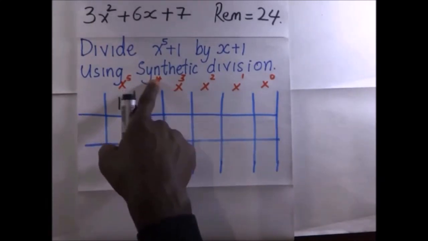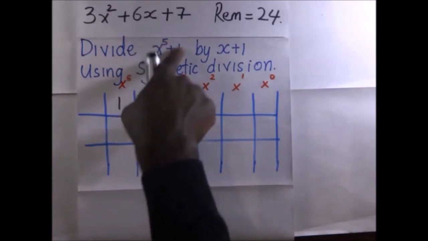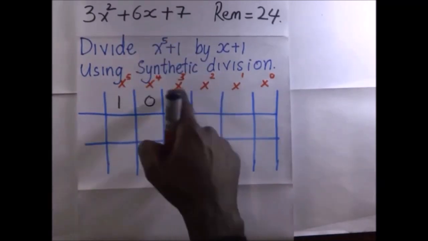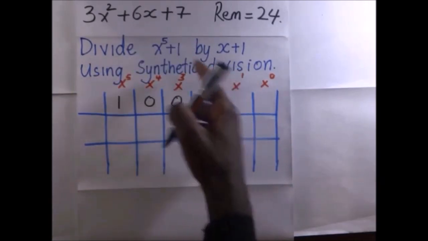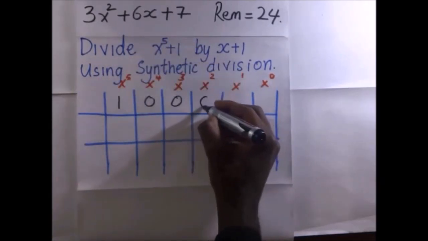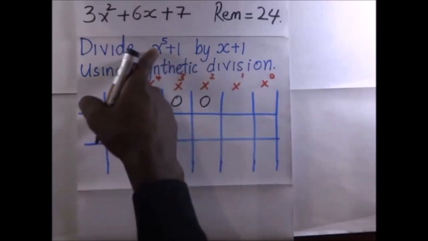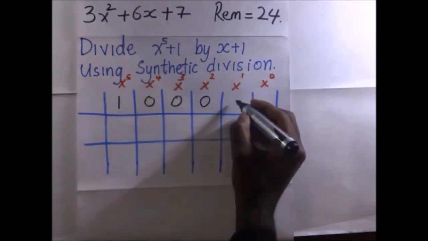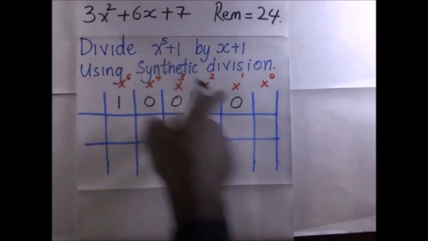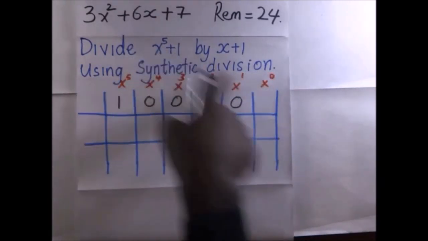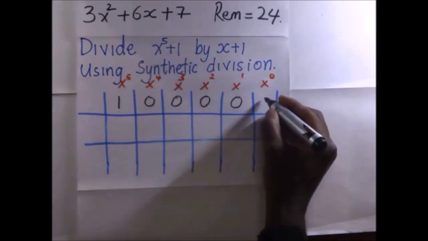x to the power 4, we do not have x to the power 4 in this, so it is 0. x to the power 3, we do not have that here. x to the power 2, we have nothing like that. x to the power 1, we have nothing like that. Then x to the power 0, that is like the whole number, that is going to be 1.